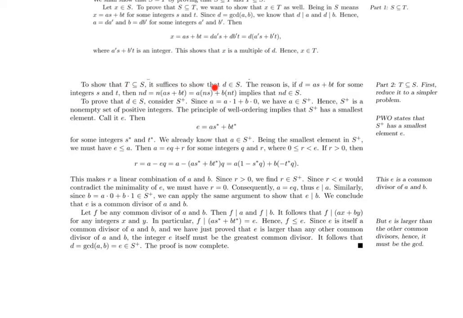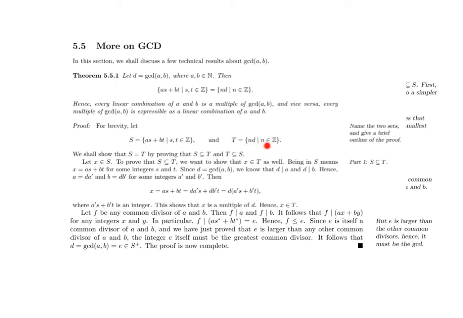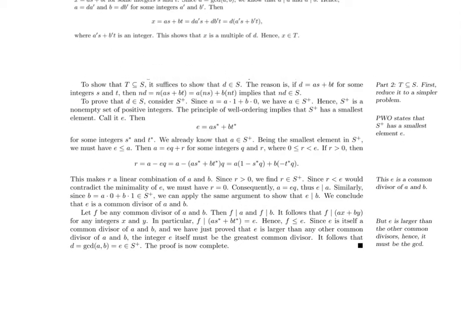Okay, so we're going to reduce this to a simpler task, which is to show that the greatest common divisor, D, is an element of S. We know that in particular, D has to be an element of T. And if we show that D is also an element of S, then we can multiply D by whatever we want, and that multiple will also be an element of S. So let's see how that works.